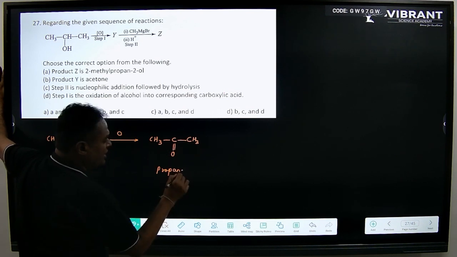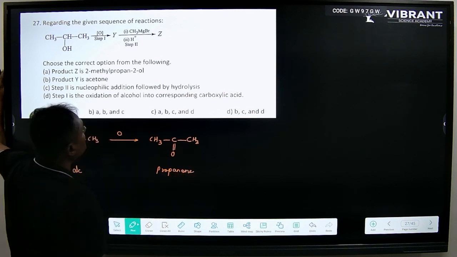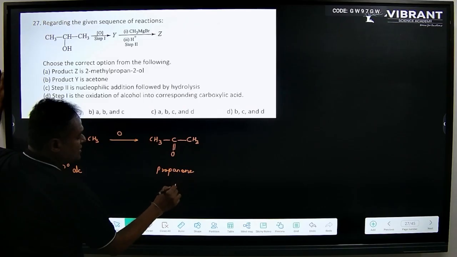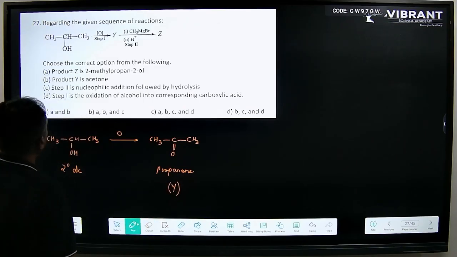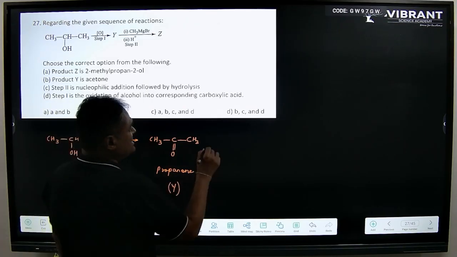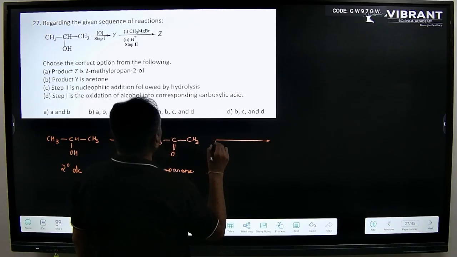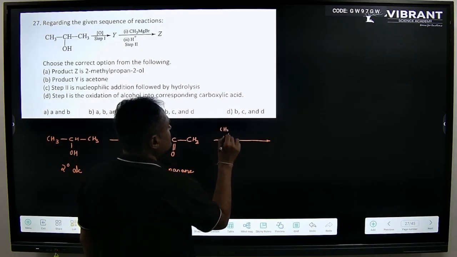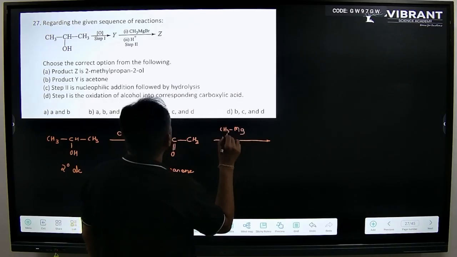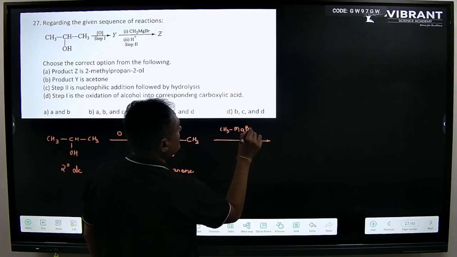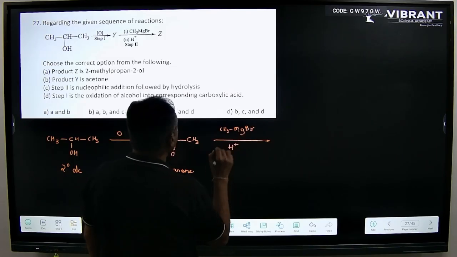So, no need to indicate the position in this case. So, in the first step you have got this as a product. Now, the second step is what? It is nothing but a treatment with methyl magnesium bromide followed by H plus ion hydrolysis, and that is step number 2.